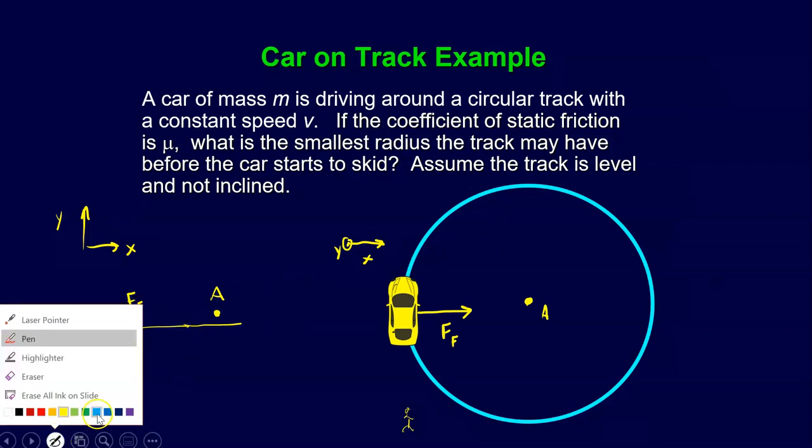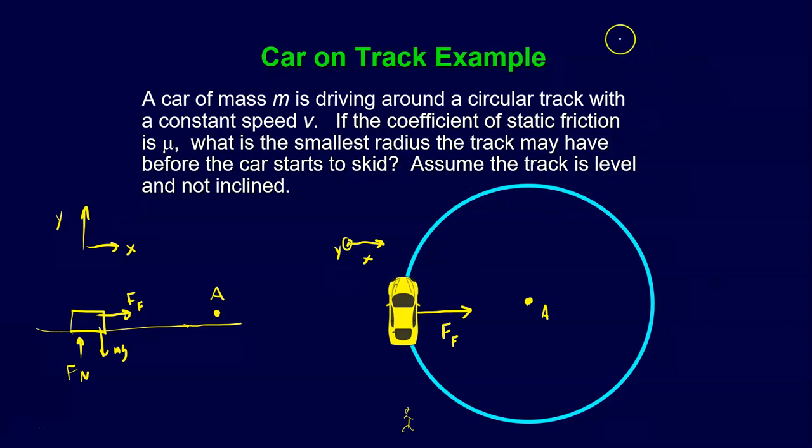So maybe I'll change the color, and so our F equals ma in the y direction. So Fy equals 0. The car's not moving in the y direction, and so as will happen often, from that we can get the normal force is equal to mg.